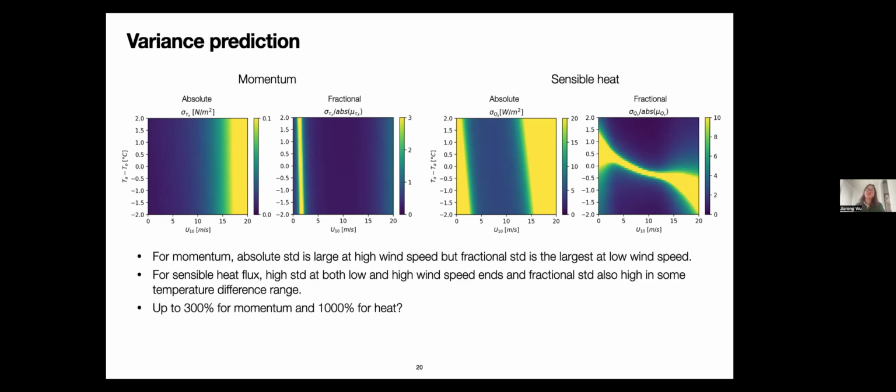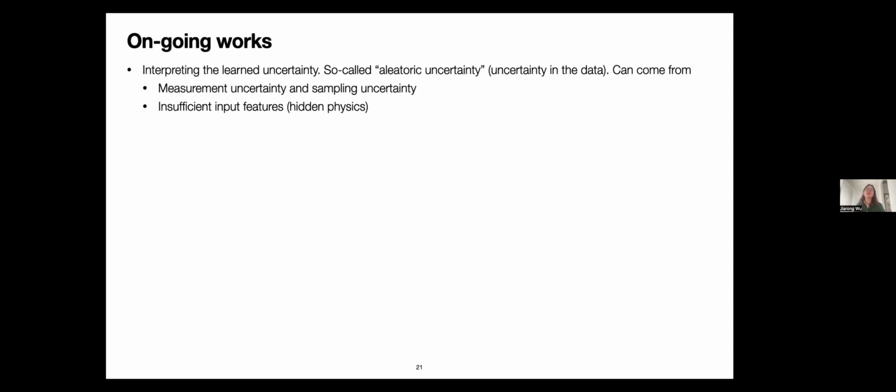And I don't know if I should trust these values I'm getting, and I'm still trying to understand how I can interpret these values. So this is ongoing work to interpret this learned uncertainty. This is the so-called aleatoric uncertainty, in data science jargon, meaning that this is uncertainty in the data, and it can come from a few different sources.